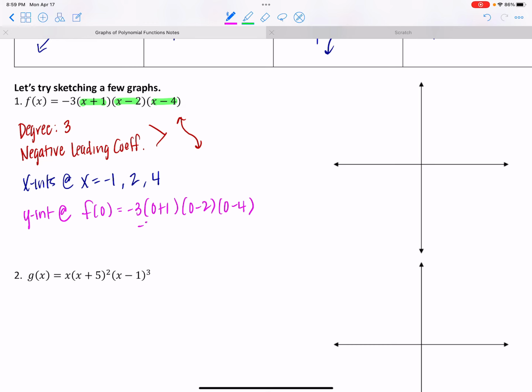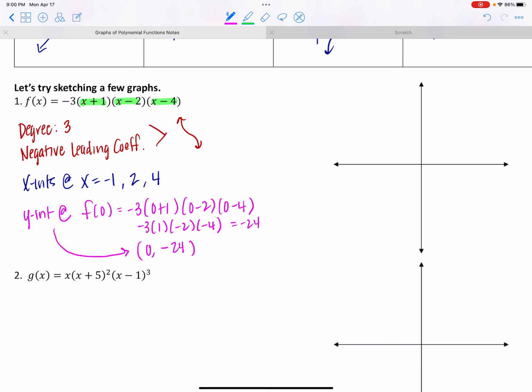So that's going to be 3 negatives, which will make a negative, and 3 times 2 is 6, 6 times 4 is 24. So -24 is where this thing is going to cross the y-axis. The coordinates there are (0, -24), and I could just say y equals -24 as well.